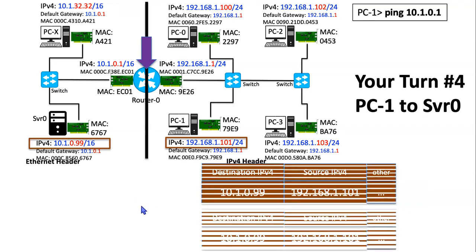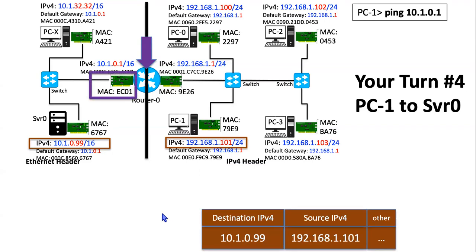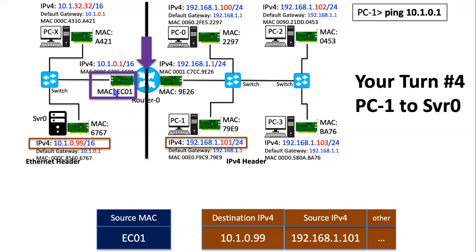That means I can send it from my NIC card, let's start there, my Ethernet NIC card. Remember, it came in on this NIC card. It's going out a different interface, a different Ethernet NIC. Its source MAC address is going to be EC01. And it says, well, you're actually on the same side as me.